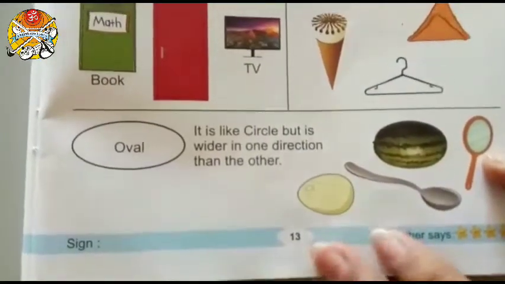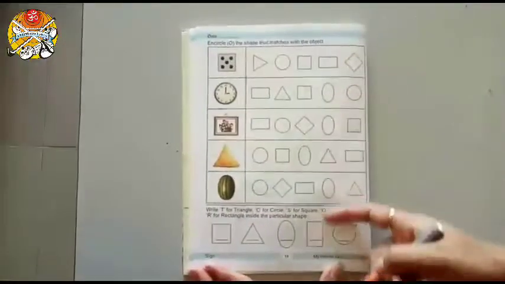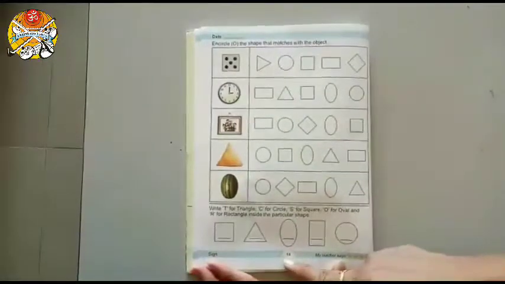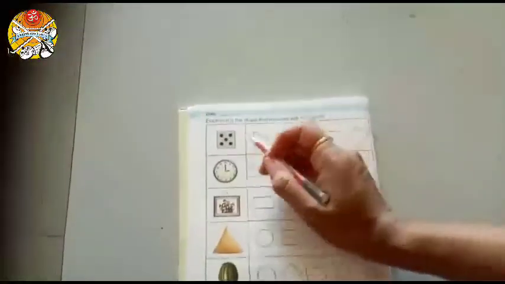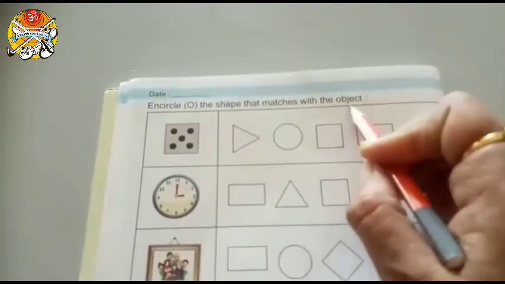Now turn the page number 14. On page number 14, we have related exercise of shapes. Here is the question. Encircle the shape that matches with the object.